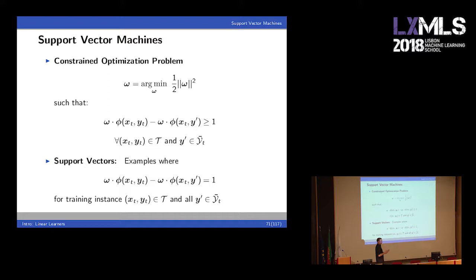Those are the examples closest to your separating hyperplane, and they are called support vectors because you can say that the entire optimization problem only rests on, or is supported by, the data closest to the hyperplane. You can ignore all the other training examples.